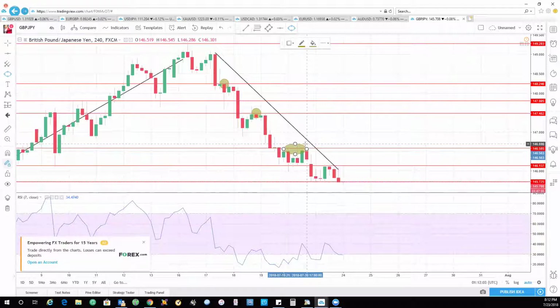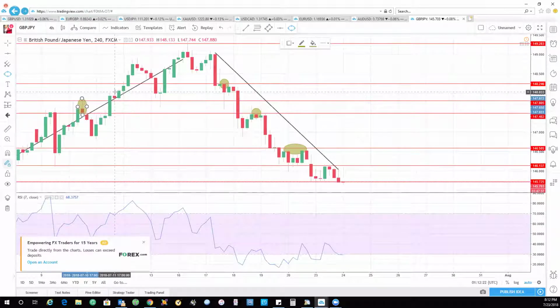Anytime you see 2 or 3 wicks constantly touching a certain area, 9 times out of 10, it's going to retrace back. Well, no, I'm sorry, not an opposite direction. It's going to continue to flow, so it's going to continue flowing in the direction of the actual trend.